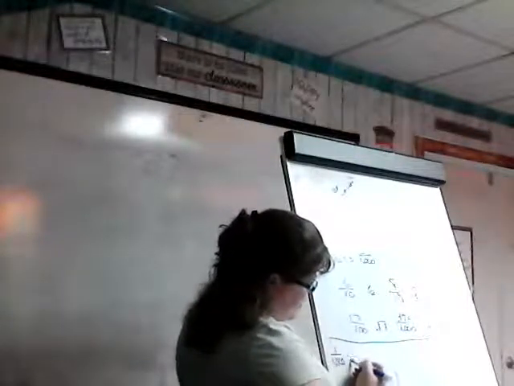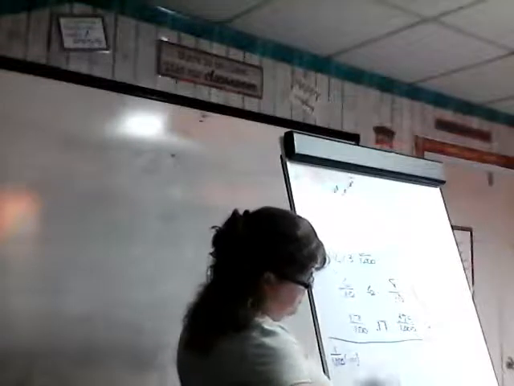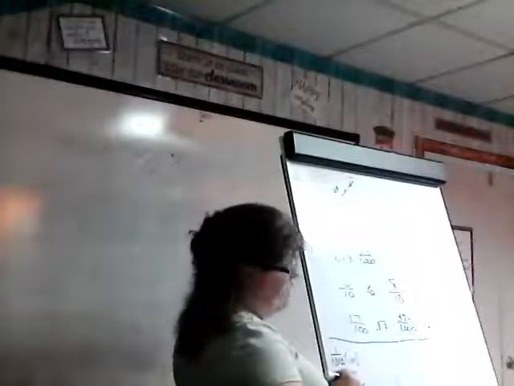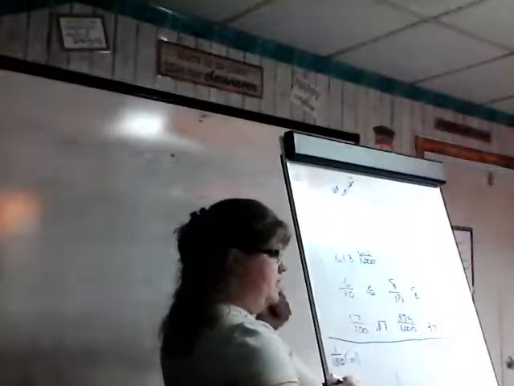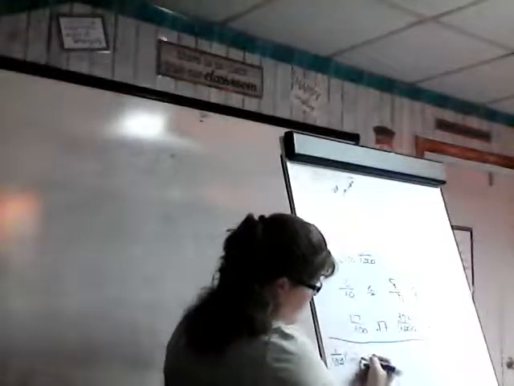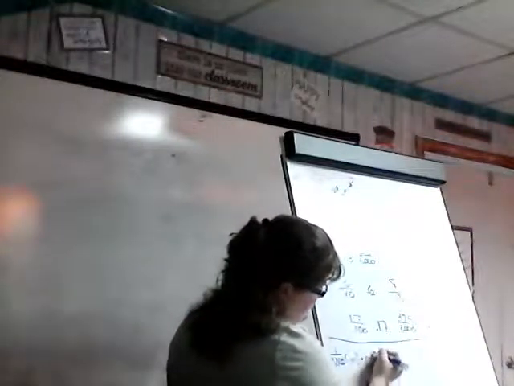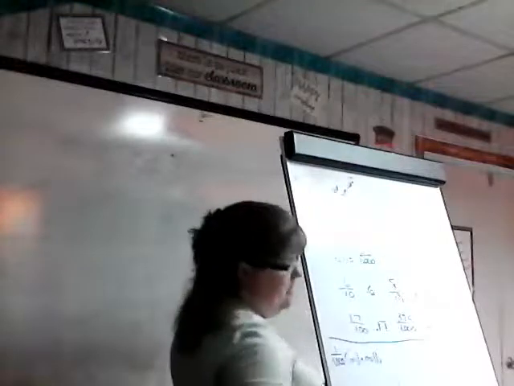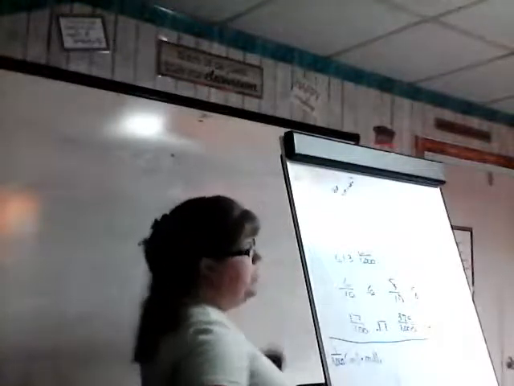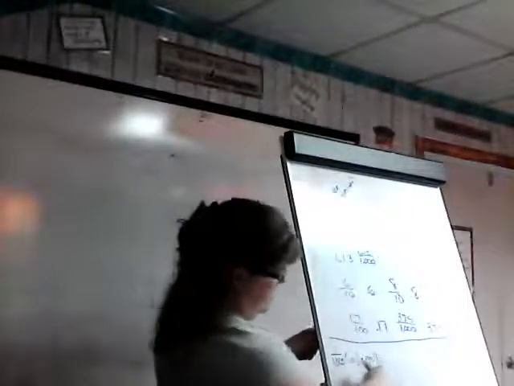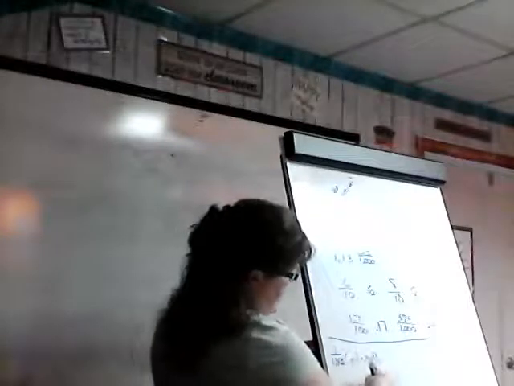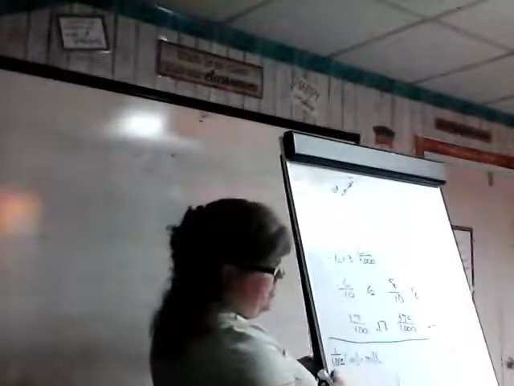Don't let the 0.001 confuse you. That's just writing this as a decimal. So 1 over 1,000 would equal milli, or like millimeter, milligram. But the prefix milli is 1/1000th of something.